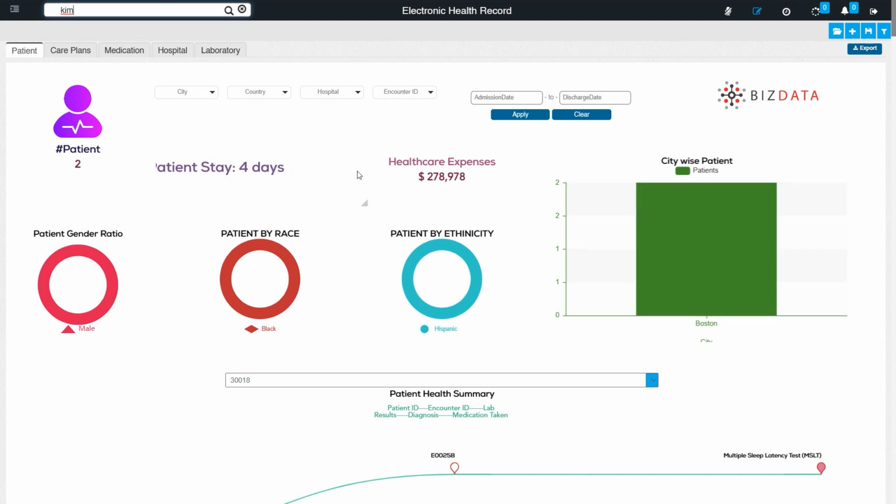Overall, the EHR dashboard is a powerful tool that helps healthcare providers deliver high-quality, patient-centered care. By providing easy access to comprehensive patient data, providers can make informed decisions about a patient's care plan, track progress over time, and identify potential areas for improvement.